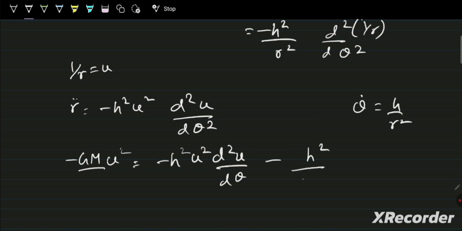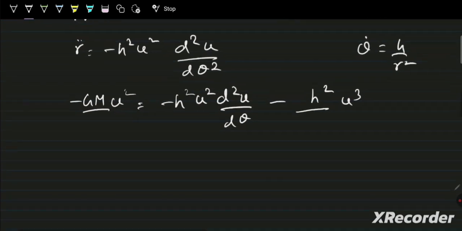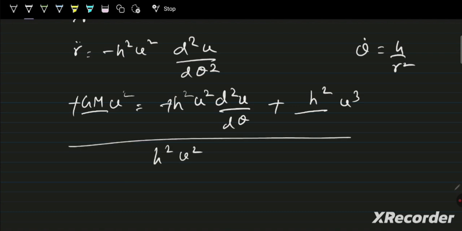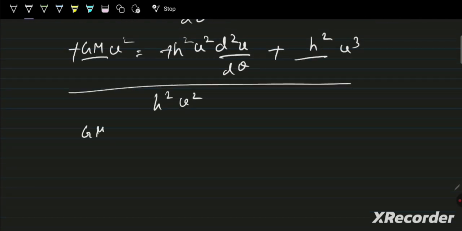R by r to the power 4 is 1 by r cube, and 1 by r cube can be written as u cube. Cancelling out the minuses and dividing the whole equation by h square u square, we get Gm by h square is equal to d2u by d theta 2 plus u. Here I guess I missed a 2 in the notation.